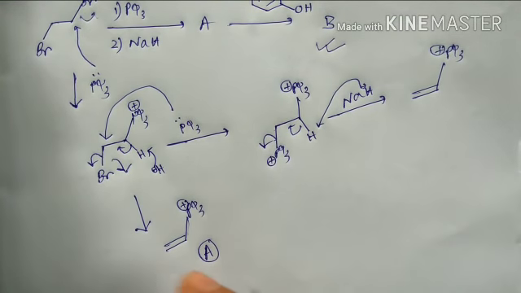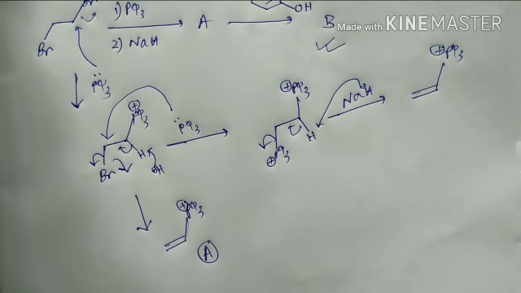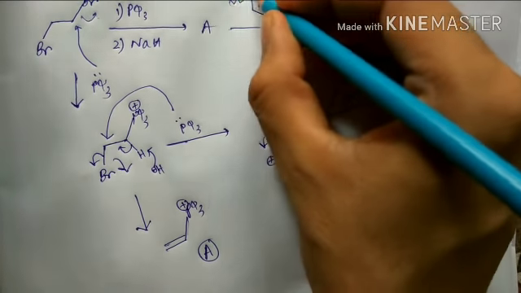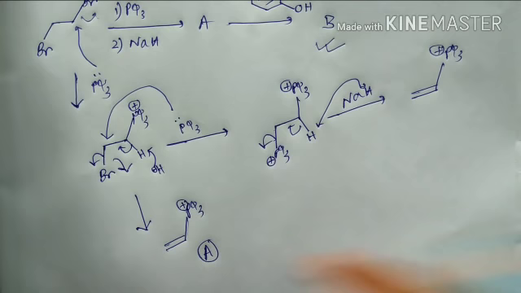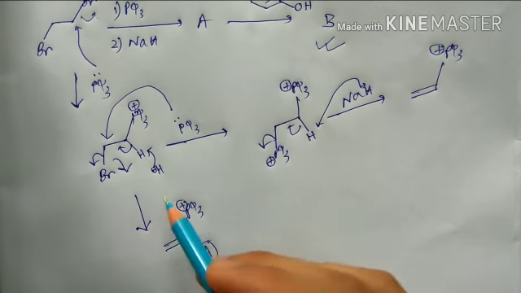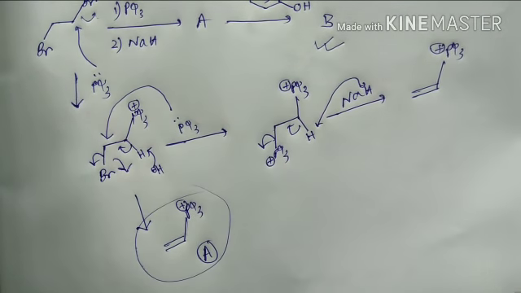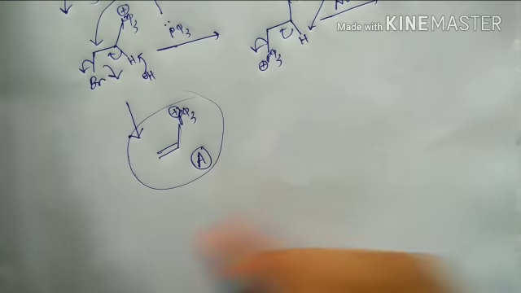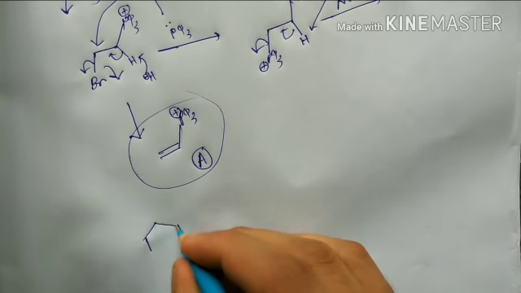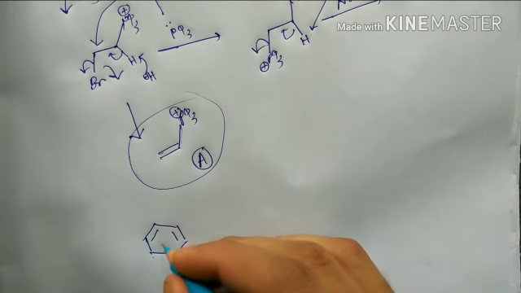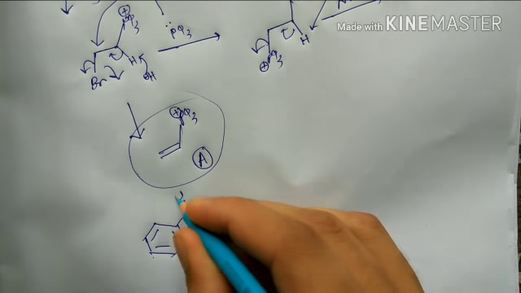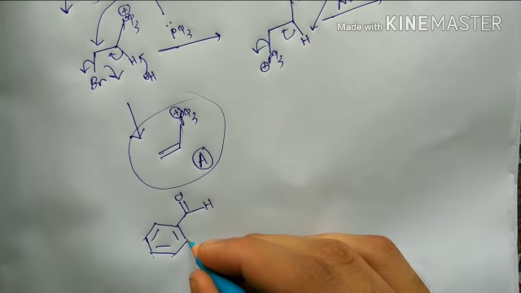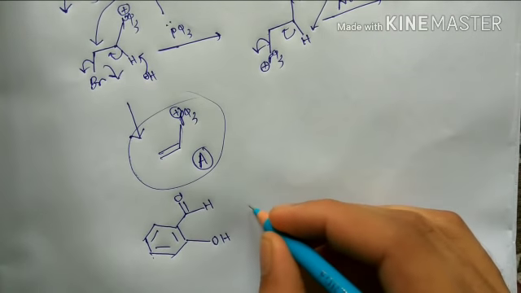Now when you react this with your given compound, this one, what will be the case? One thing you have to notice is that this is not an exact halide, so the reaction will be slightly different. Now you have this, this is called salicylaldehyde.